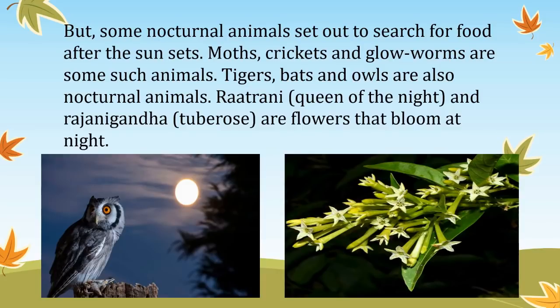Nocturnal animals are wolf, tiger, leopards, etc. There are some flowers like Raatrani and Rajnigandha that bloom at night. Insects like mosquitoes, cockroaches, bedbugs, moths, crickets, that is ratkida, and fireflies are nocturnal.